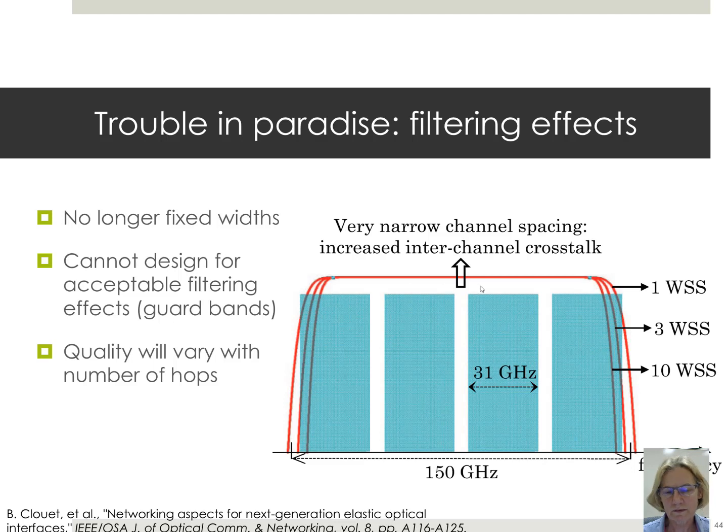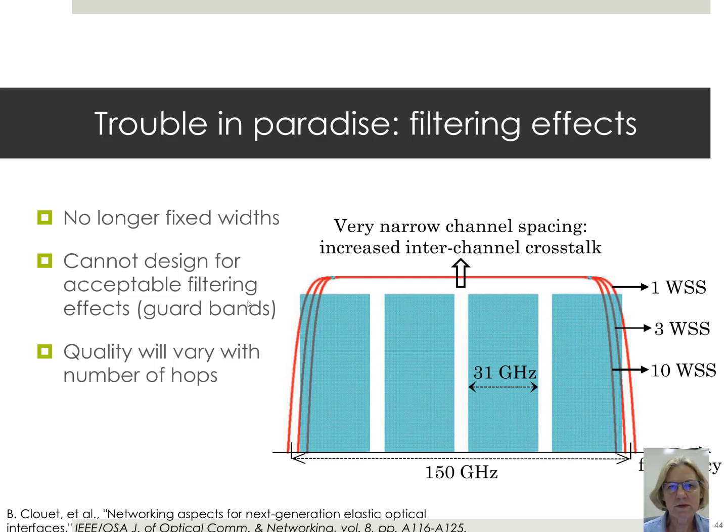And as it propagates through the network, each time it goes through a unit which has to filter it to allow it through, we would get more and more of the corners of this thrown out. So you can't really design for an acceptable filter because it's gridless, so that means that this could be for one hop and the next hop might be different, so I'm going to have to be able to change this.